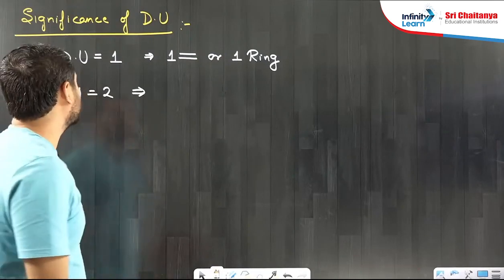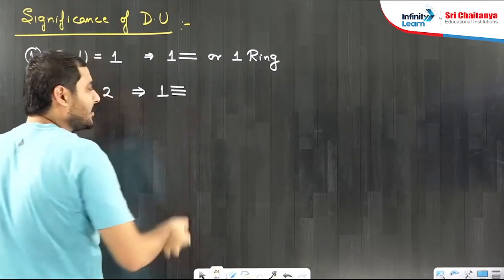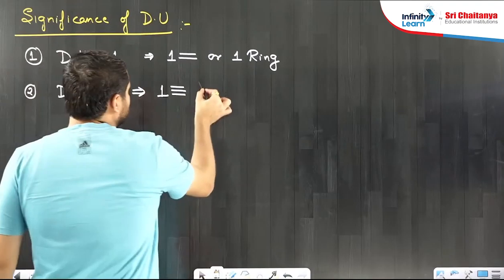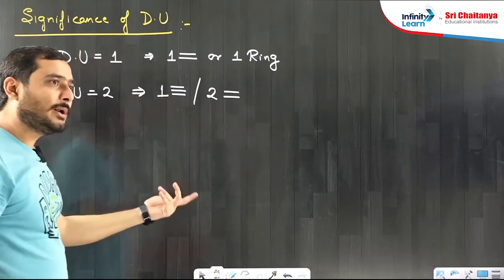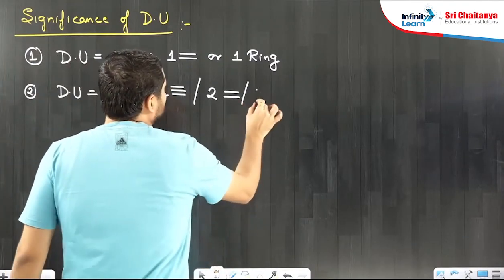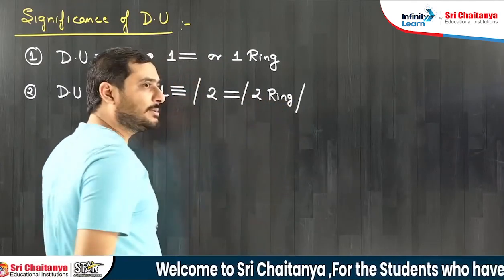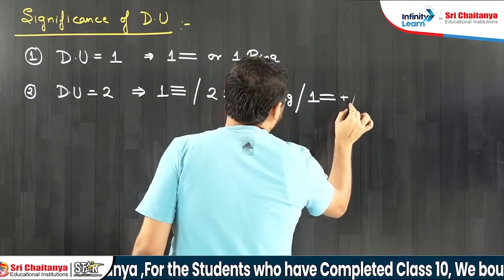The first case is one triple bond is present, because for a triple bond the degree of unsaturation is 2. The next case is 2 double bonds are present. This is also possible. The next case is the compound contains 2 rings. This is also possible. And the next case is the compound contains 1 double bond and 1 ring.